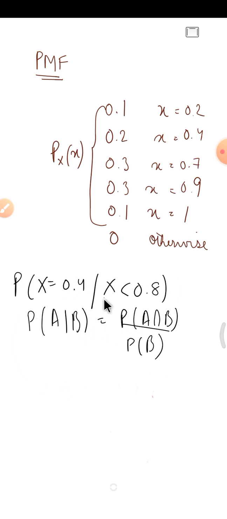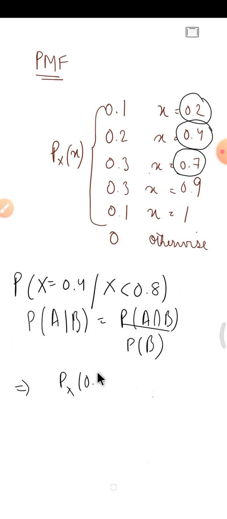So the intersection of the set of 0.2, 0.4 and 0.7 with 0.4, we will obviously get 0.4. So the numerator is P of x 0.4, the intersection between this set and this set. Below would be the probability of x less than 0.8, which would be P of x 0.2 plus P of x 0.4 plus P of x 0.7.